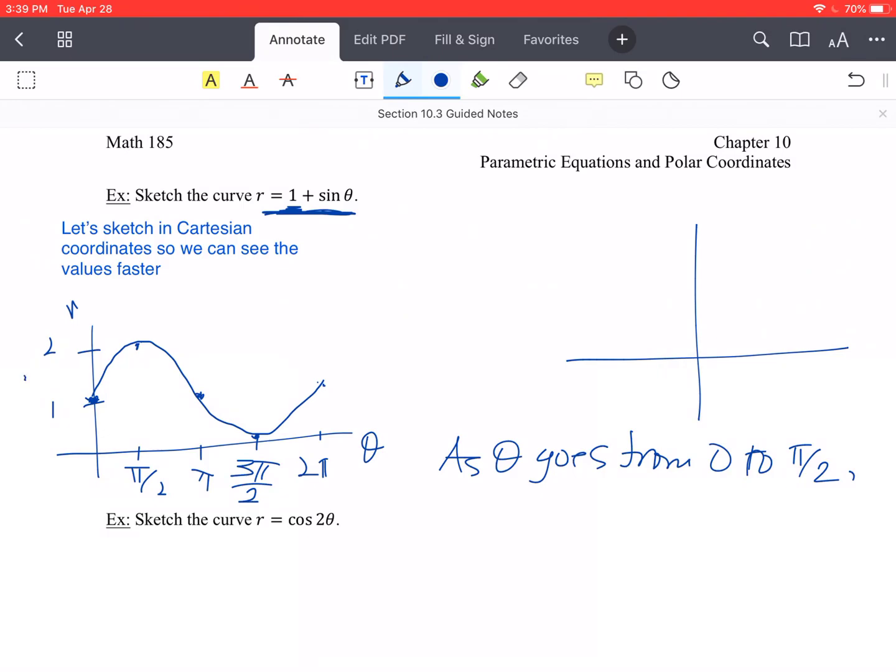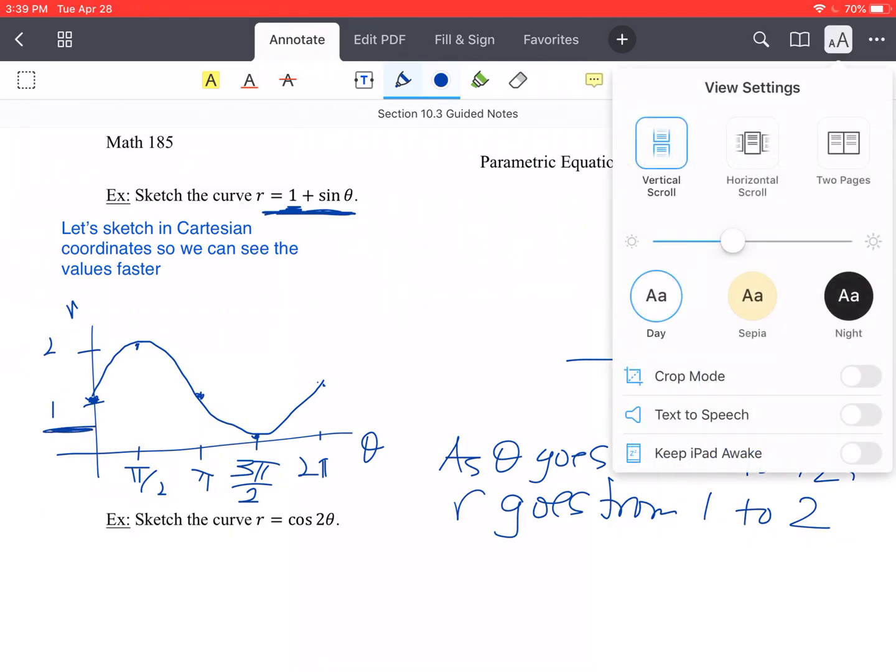The r value goes from 1 to 2, so r goes from 1 to 2. Okay. So what does that tell us? Well, that tells us when theta is 0, r is 1. So that we knew right off at the beginning here.